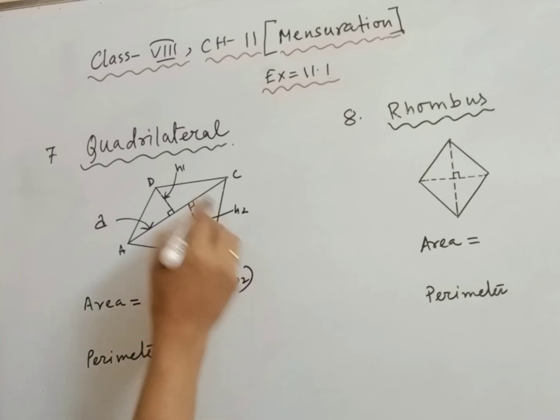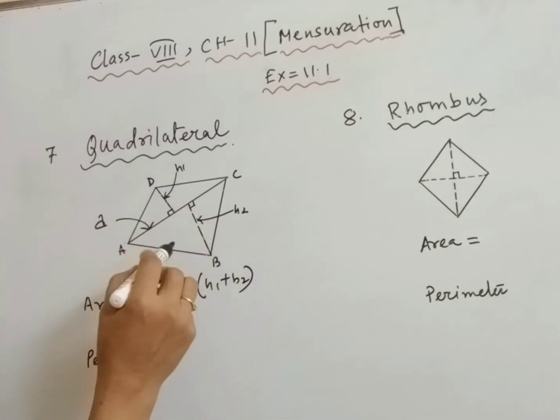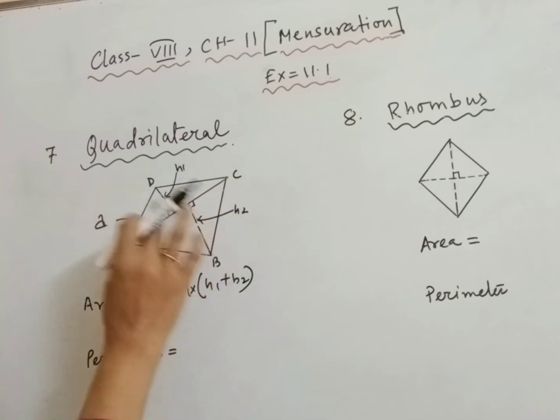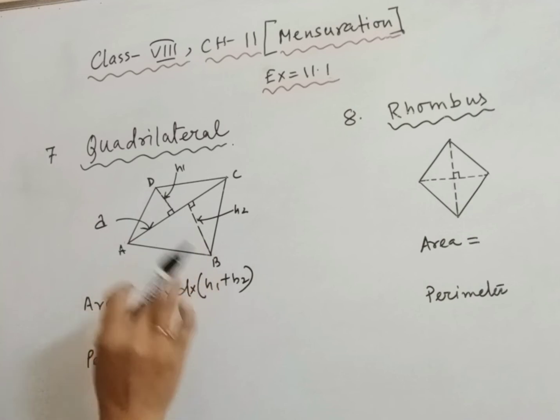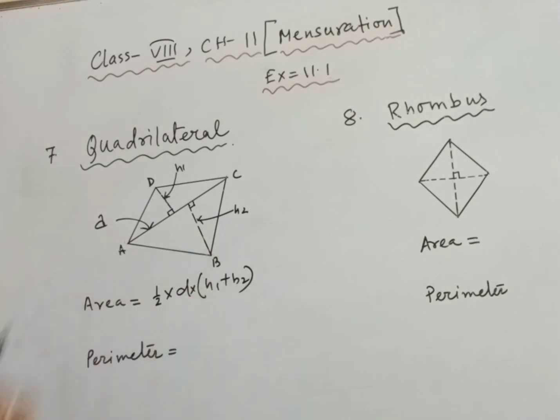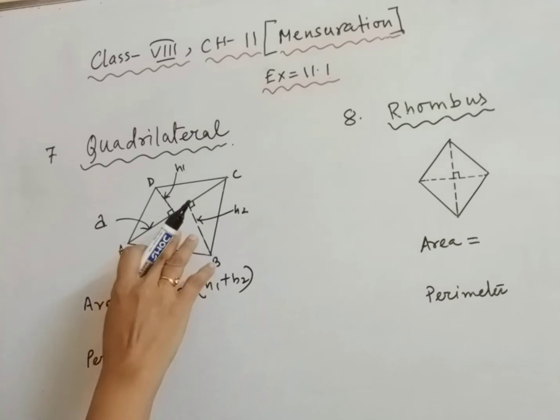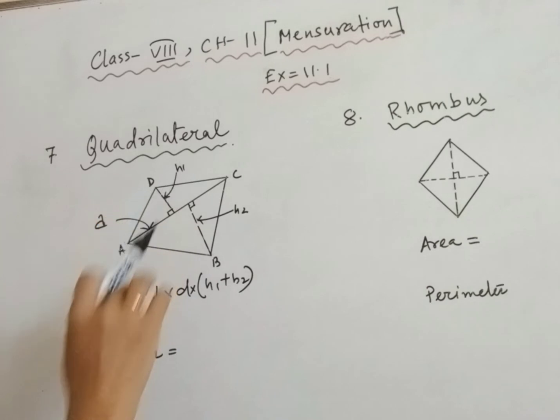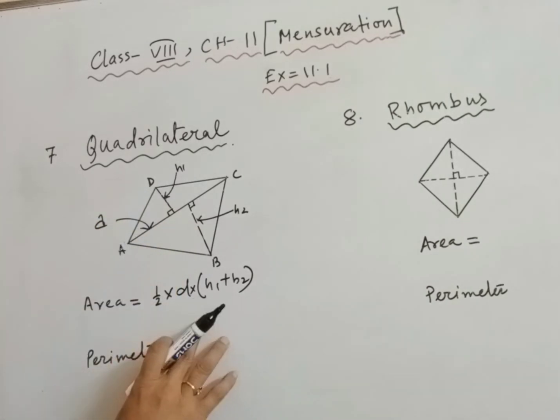That means if you want to find the area of a quadrilateral and you have a diagonal and two heights given, then you can find the area in this way. Any kind of quadrilateral, if you know the diagonals and the heights on these diagonals, then you can find the area in this way.